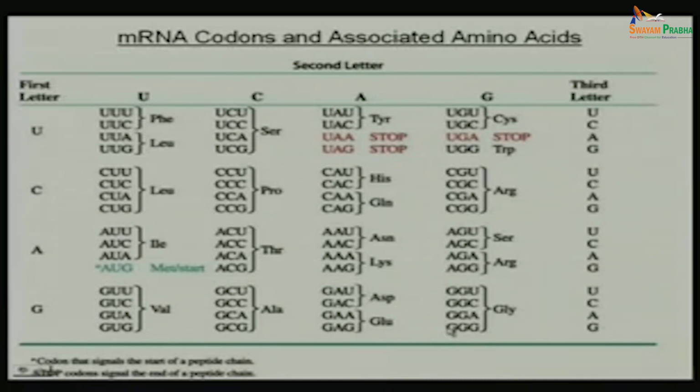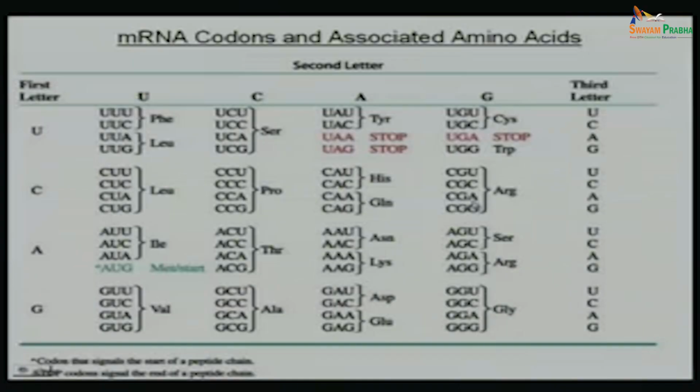That means the third nucleotide is not that important for recognition of the amino acid, but the first 2 are very important, and that is the reason the first 2 are constant for identifying the particular amino acid. That is called the wobble hypothesis of the genetic code.